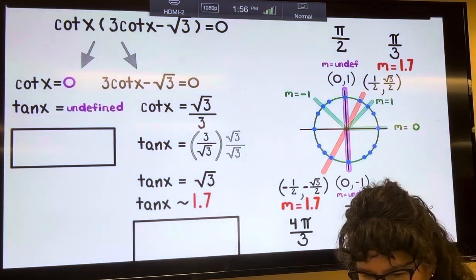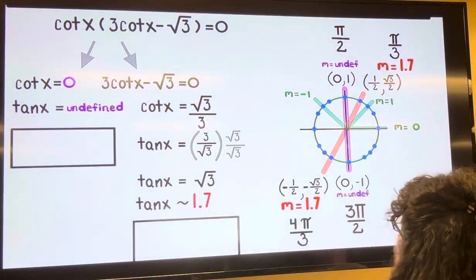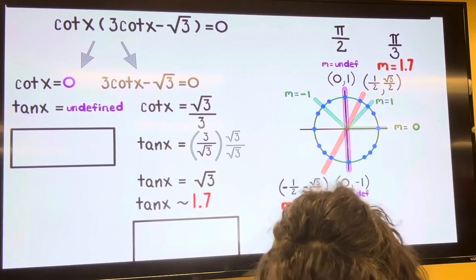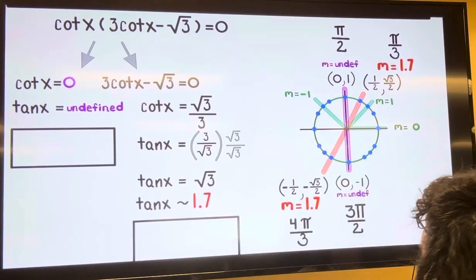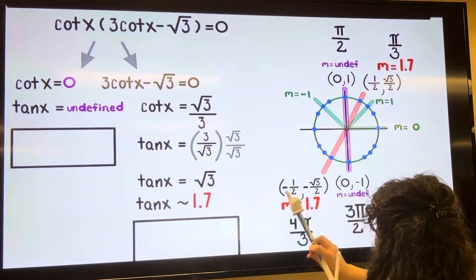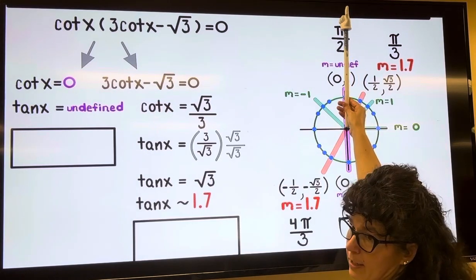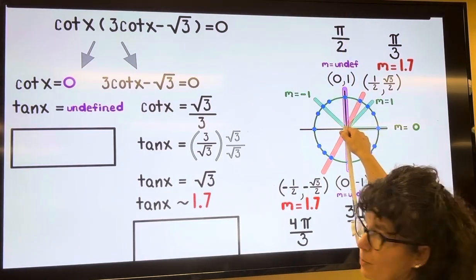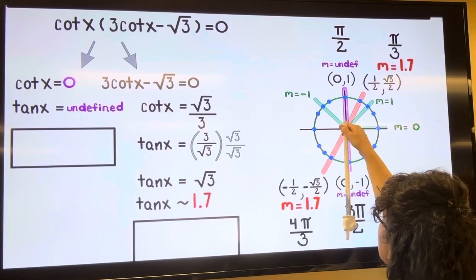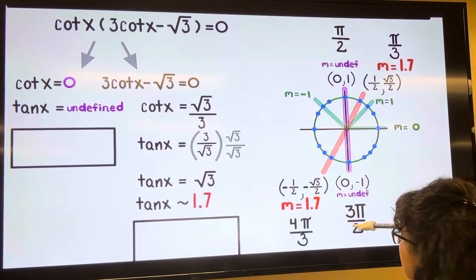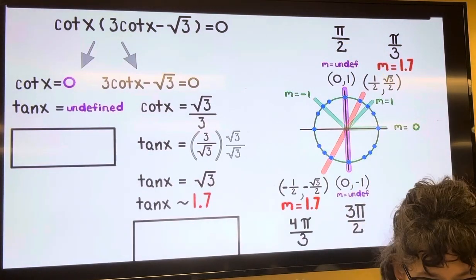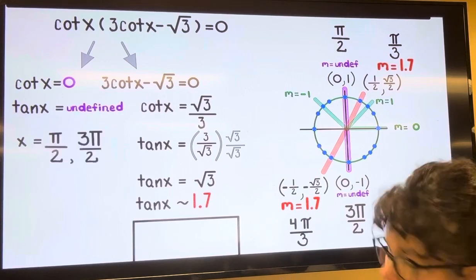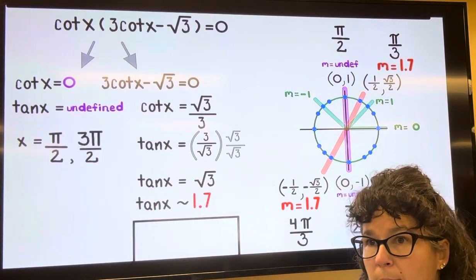Notice that right here, the purple one, my slope is undefined, and then down here my slope is undefined, and that's happening at pi over 2 and 3 pi over 2. So the answer to this one is pi over 2 and 3 pi over 2.